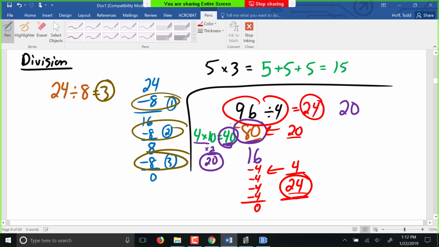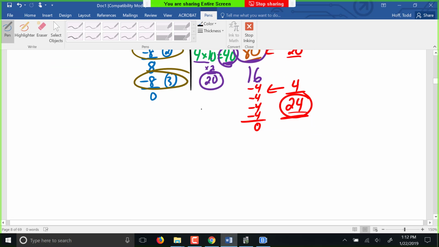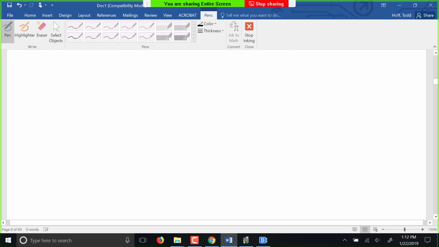This is exactly the process of long division that we were taught. Let's just take 75,283.